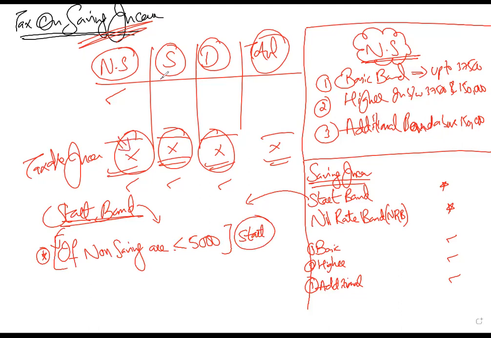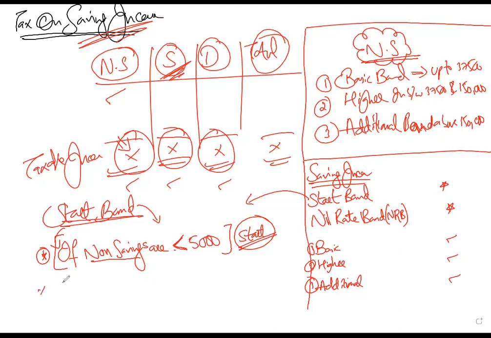You may say, sir, you are explaining savings income, calculation of tax on savings income, and you are writing non-savings here. Yes, I am writing it correctly. If our non-savings are less than £5,000, the start band will come. Means, if our non-savings are higher than 5,000, there will be no start band. We will not apply the start band.